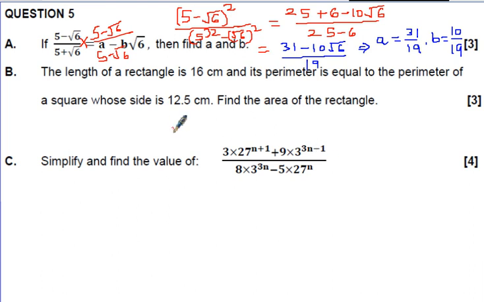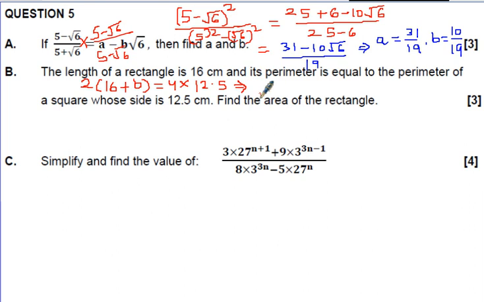When we come here, the length of the rectangle is given, the perimeter is given. Perimeter is equal to the perimeter of a square whose side is given. So the perimeter of a rectangle you know very well, twice length plus breadth. And the perimeter of a square is 4 into side. Many children make mistakes here also. 4 into 12.5.